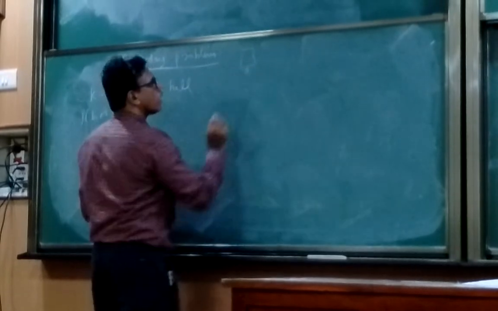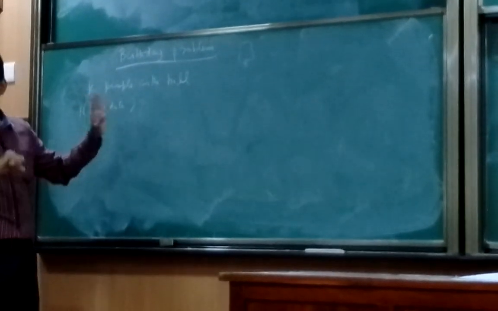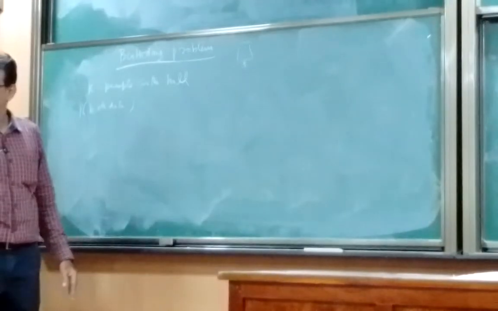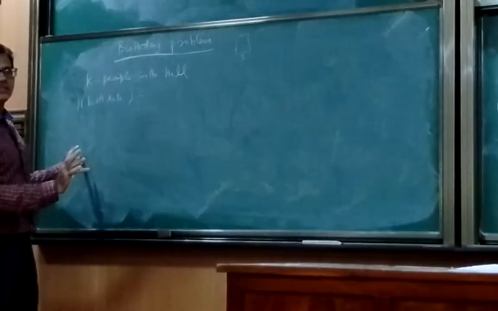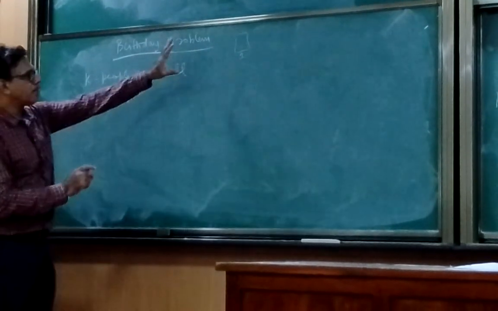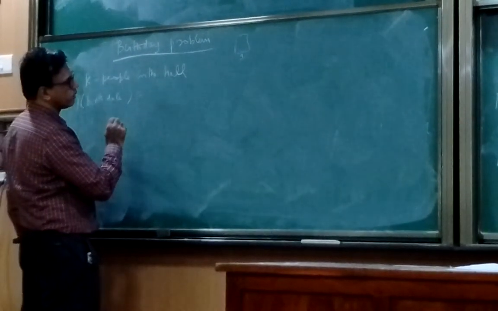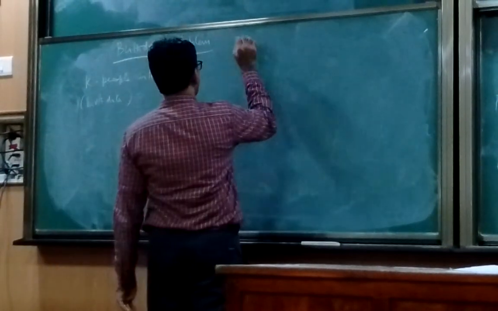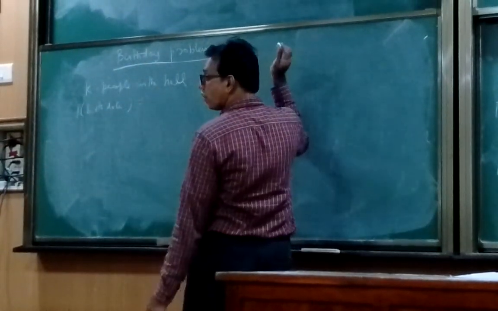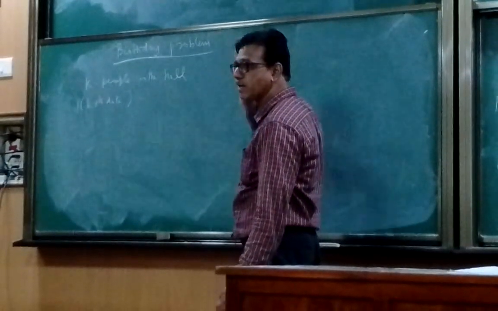We will try to compute the probability that none of them have got the same birthday. None of them have got the same birthday. So this is what you are looking for. The probability that the birthday of one person is known, or the probability that the birthday of another person falls on the same day is.